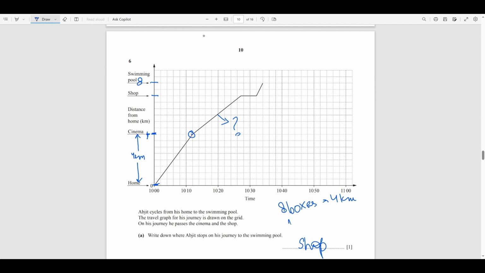That means one box is half a kilometer, right? So here this point is going to give me 7. This is 7. So when we are talking about this particular line, we need 2 points on the line to calculate the gradient.